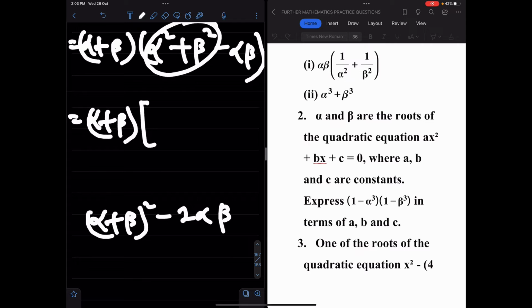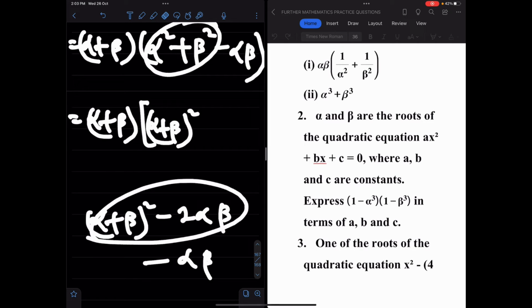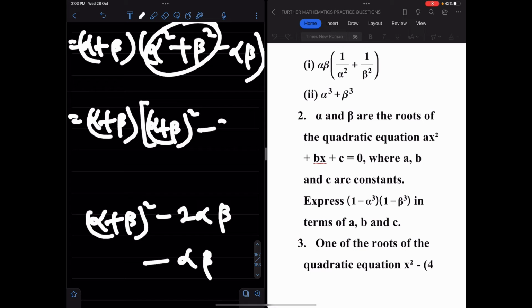So if you subtract another alpha beta from that, it will now be alpha plus beta all squared minus 3 alpha beta.